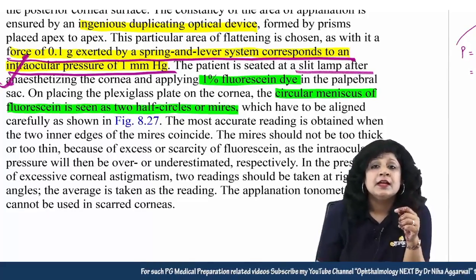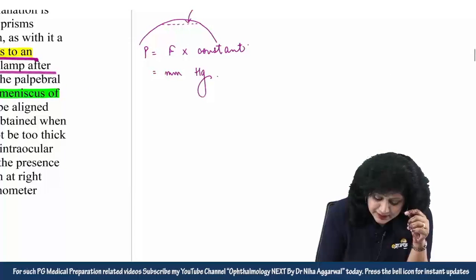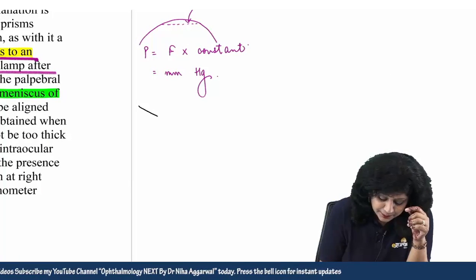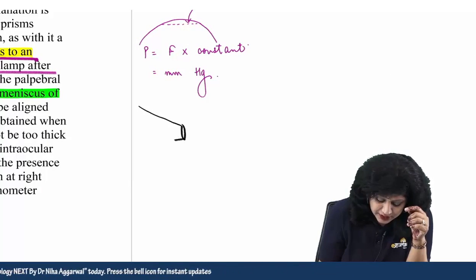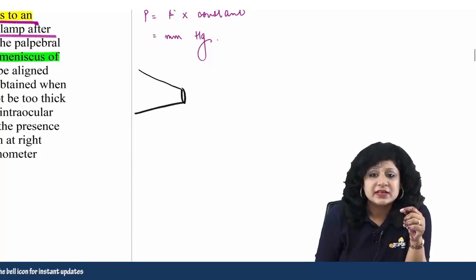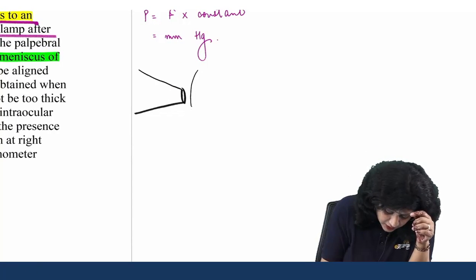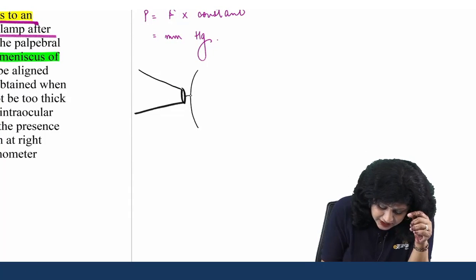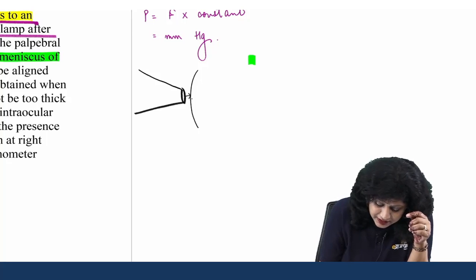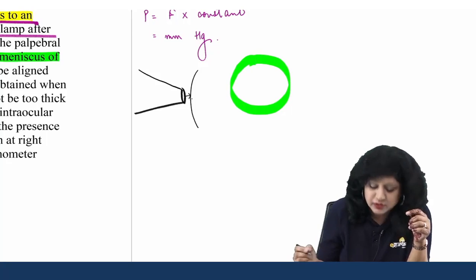So what happens? If you look at the Goldmann applanation tonometer, the probe is something like this, and this is touching the cornea. When this is touching the cornea, you get a circular mire.